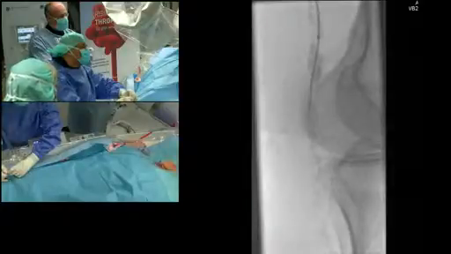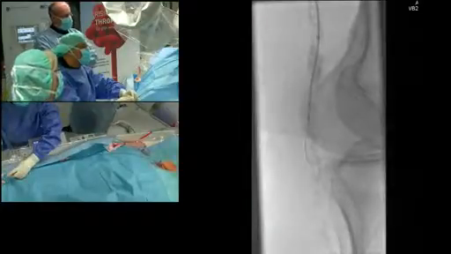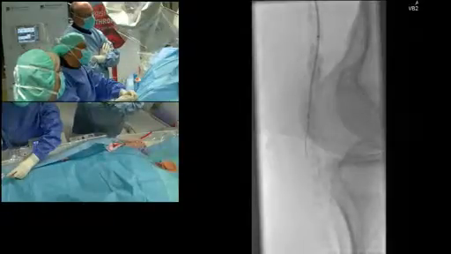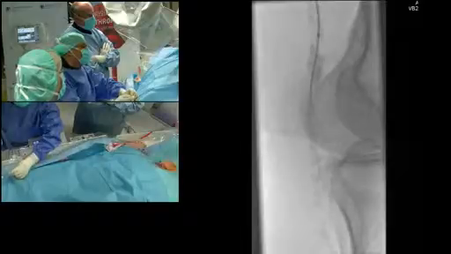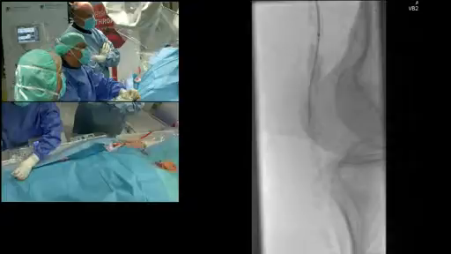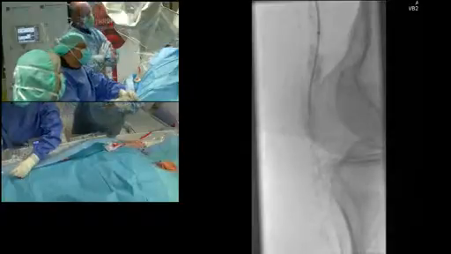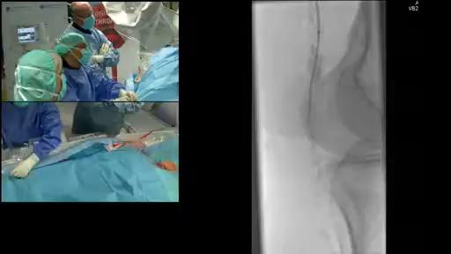Direction is not bad, but is it collateral, or are we subintimal? If we are subintimal, it could be better. Try to change direction a little bit.